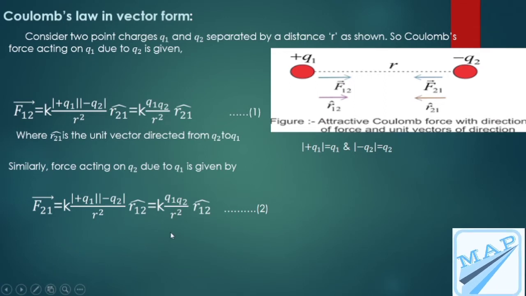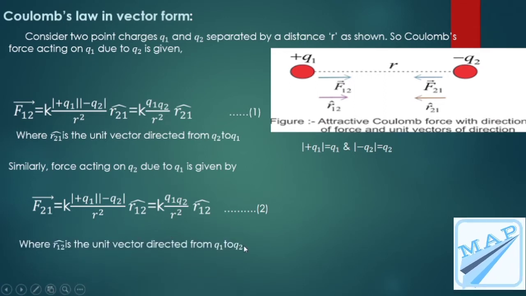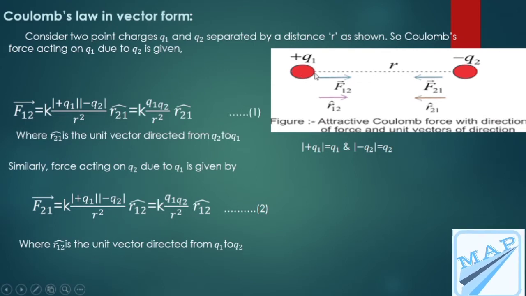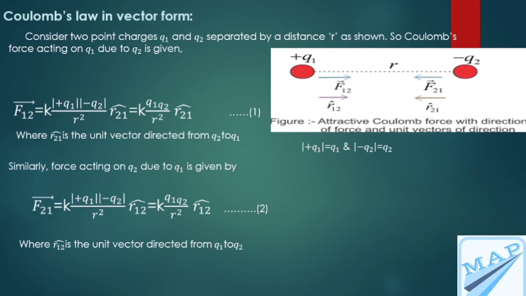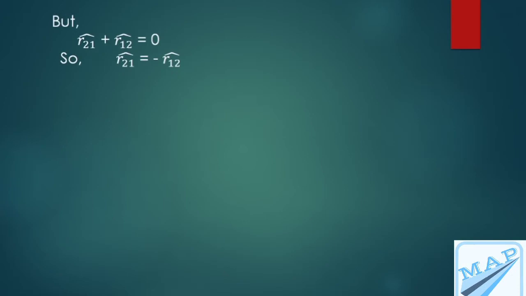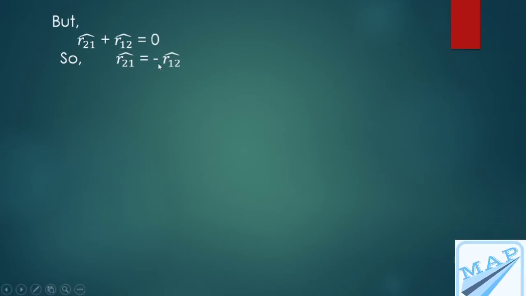What is r12 cap? r12 cap is the unit vector directed from q1 to q2. So you can see a very good pictorial graph. Let's start the next step.